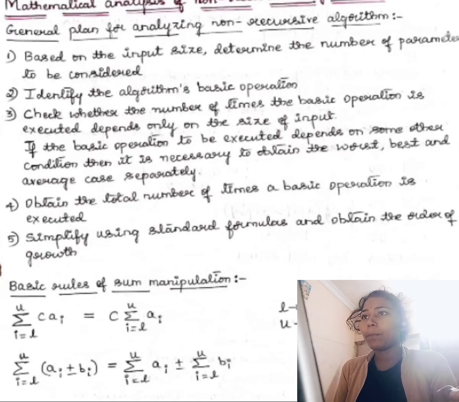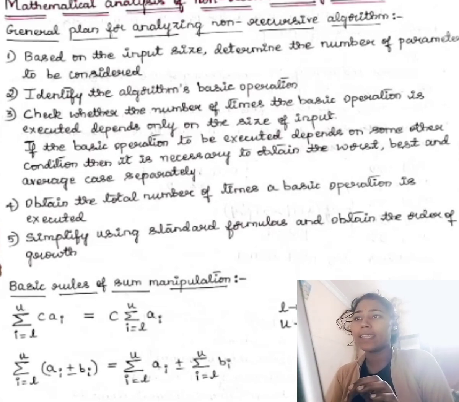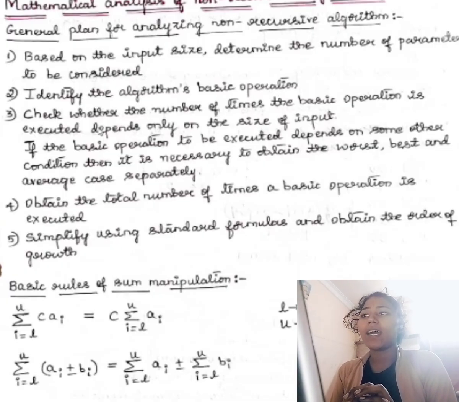The very first step is to determine the number of parameters to be considered, based on the input size. Then identify the algorithm's basic operation, and check whether the number of times the basic operation is executed depends on the input size.